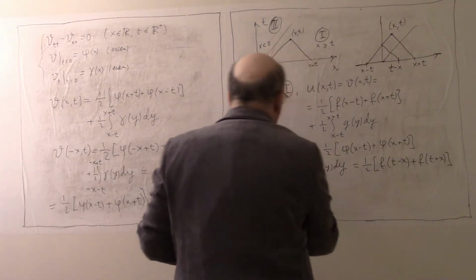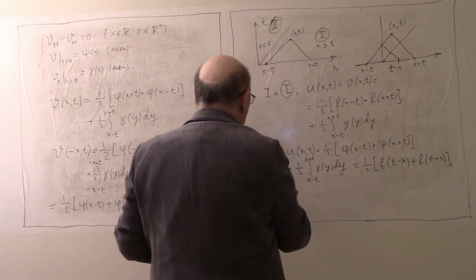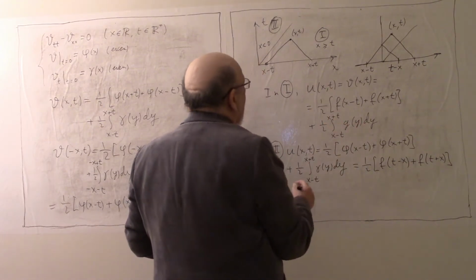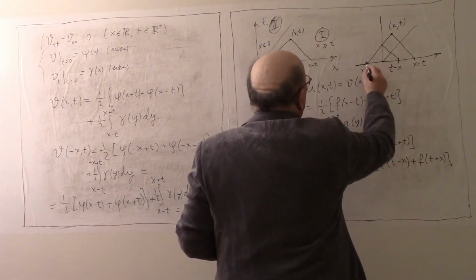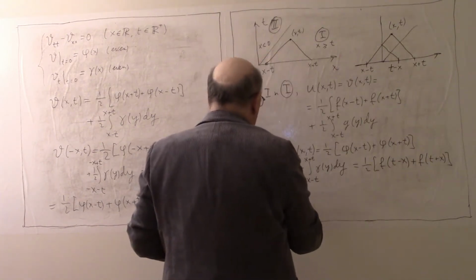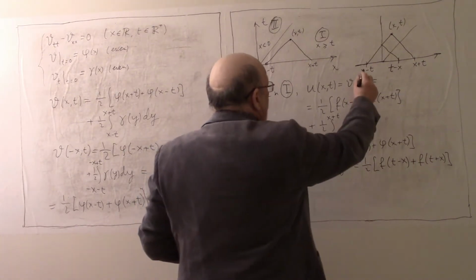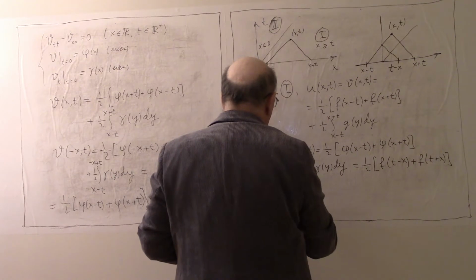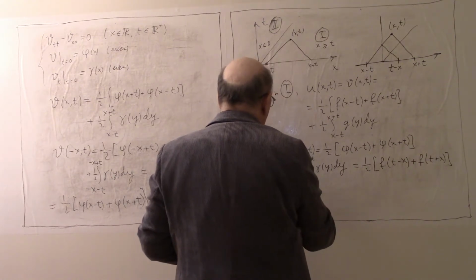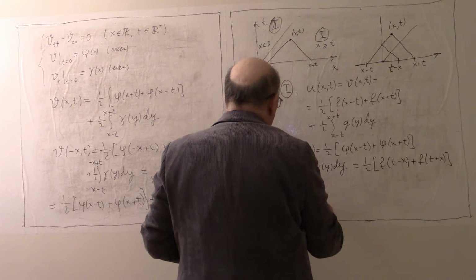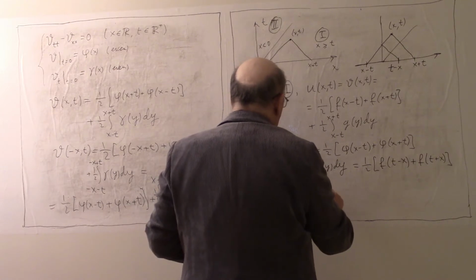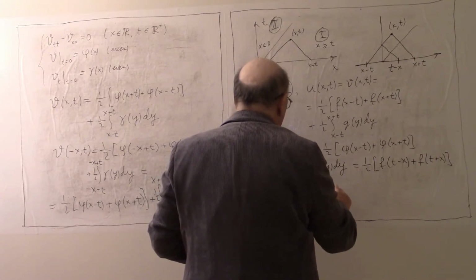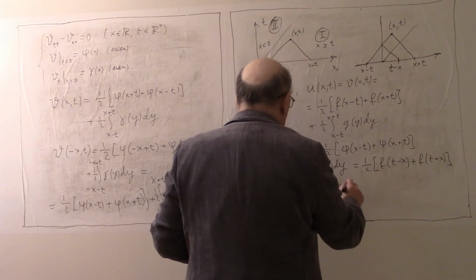Now, the second term, this integral, let me write it as a sum. 1/2 integral from x minus t to 0, plus integral from 0 to x plus t of gamma of y dy. Yeah?